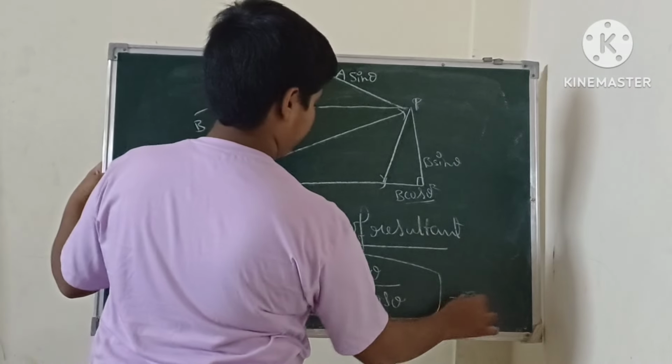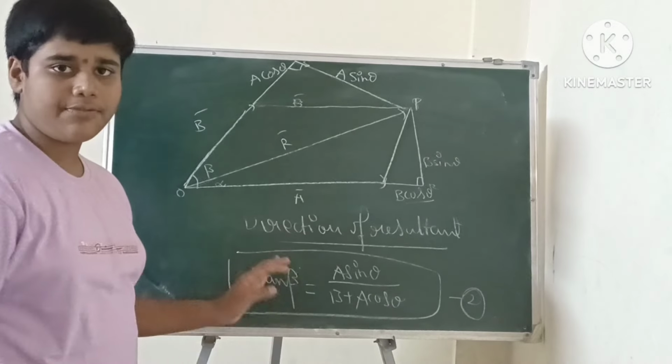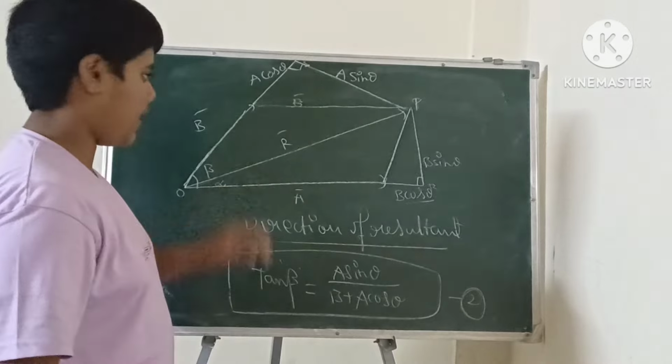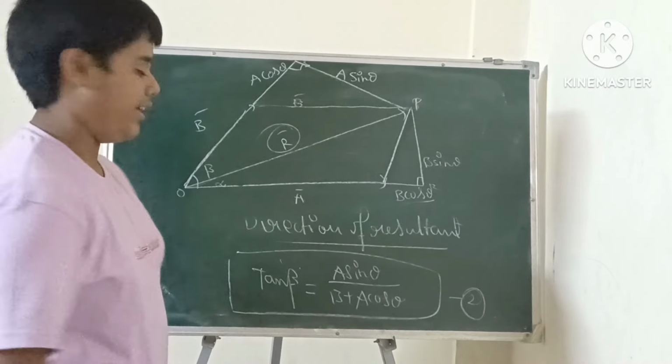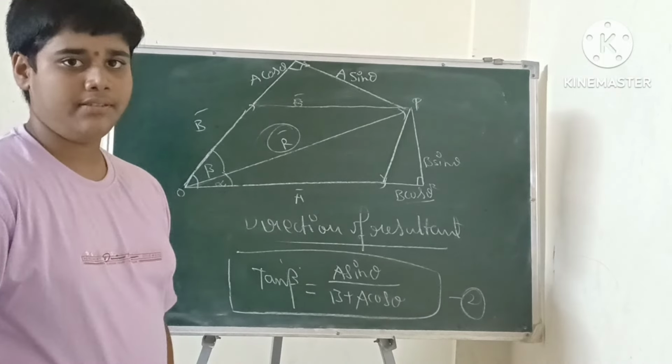Okay. So this is the second equation. Here from this formula we can find the direction, tan alpha, tan beta, which means the direction of this resultant when they give alpha angle and beta angle. Okay.